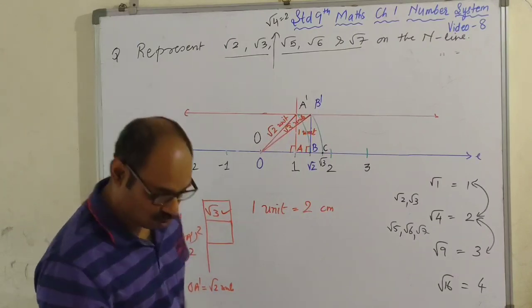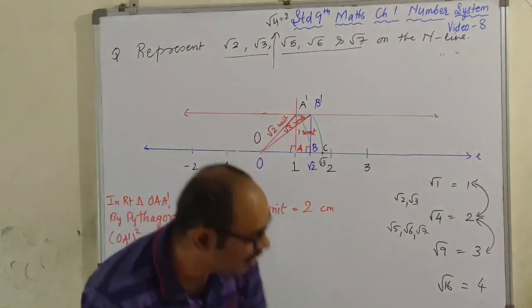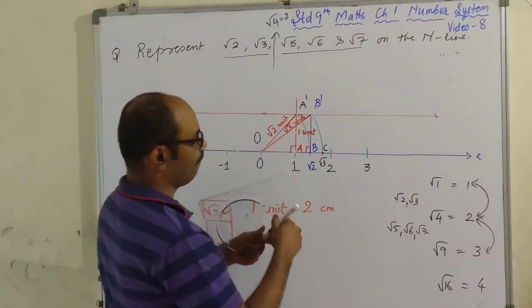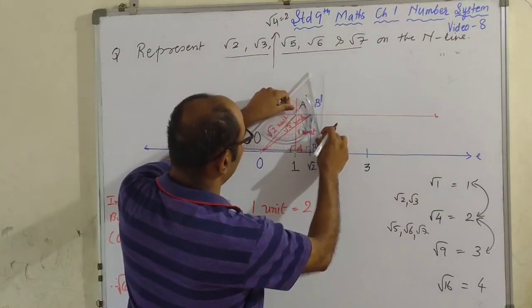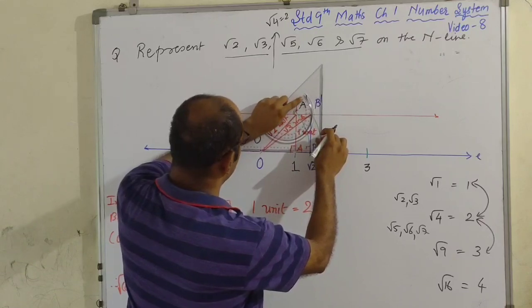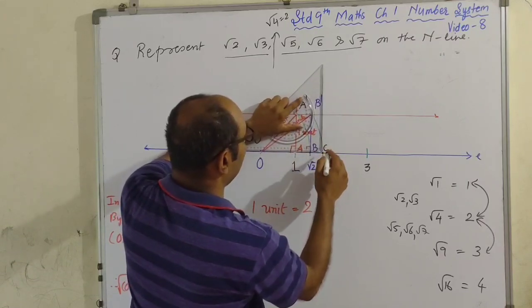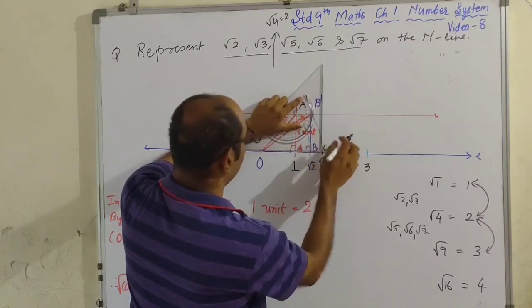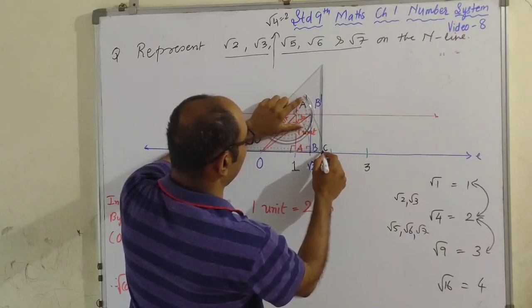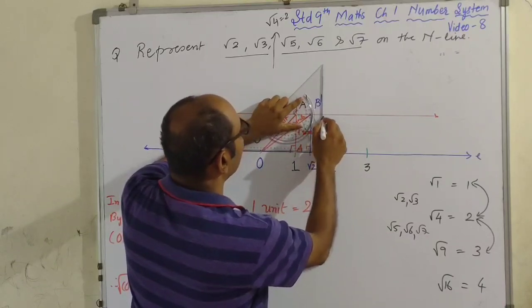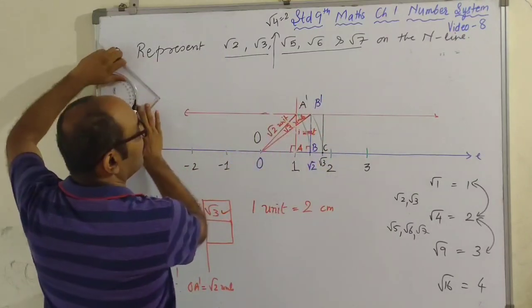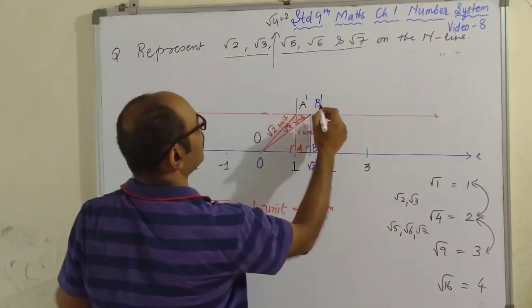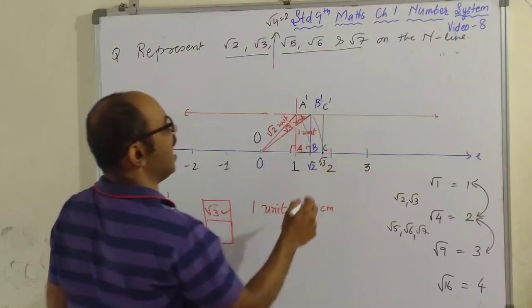Anyway, I'll have to draw a perpendicular here now at C. So let's draw a perpendicular at C to L. Okay. All set? Yes. Till this point. Correct? This point is C dash.